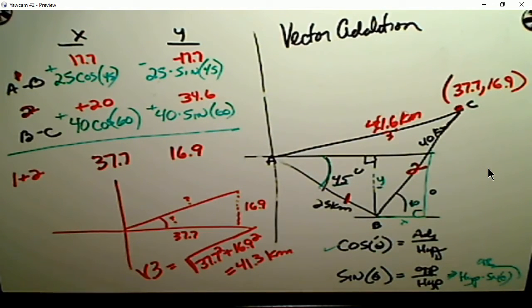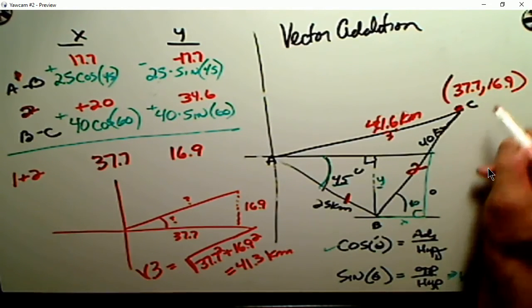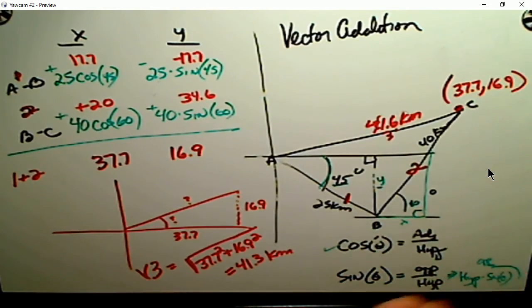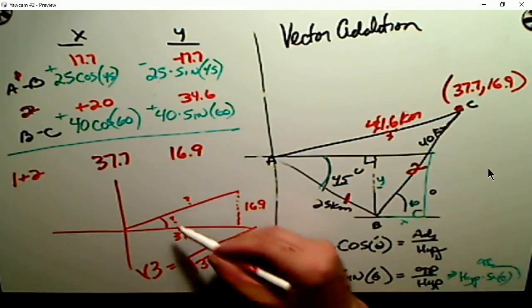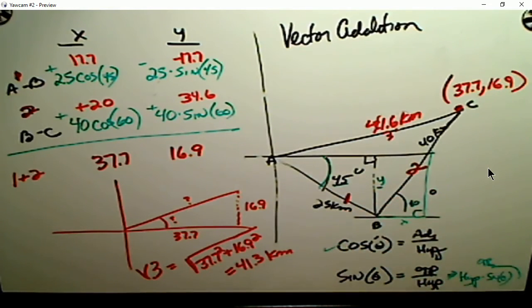Okay? Again, I want to describe this completely, and through polar coordinates we can clearly see I need to give the direction as well, right? So what is the direction?